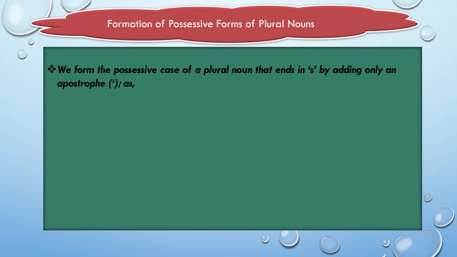See, when we form the plural nouns, generally we add s, isn't it? Generally, that noun ends in s, the plural noun. So, we will add just an apostrophe and not apostrophe s.